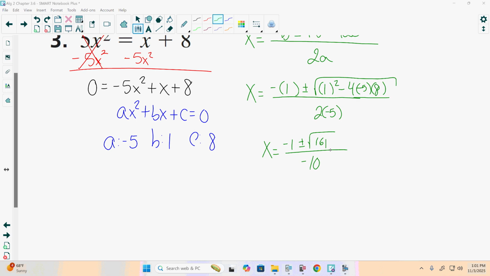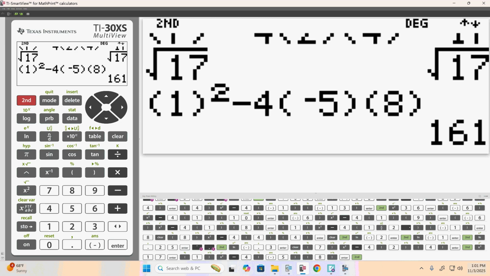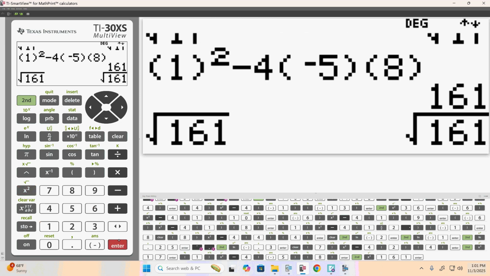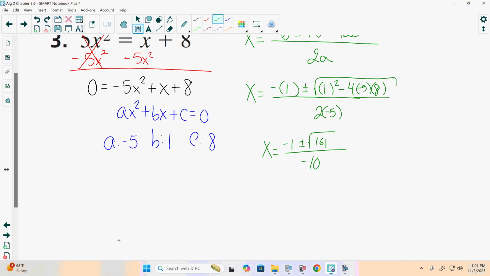Now we do need to see if I can take the square root of 161, if we can simplify it nicely. So the square root of 161, we get this here.